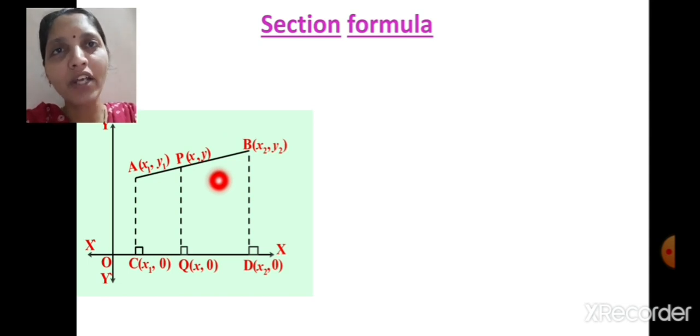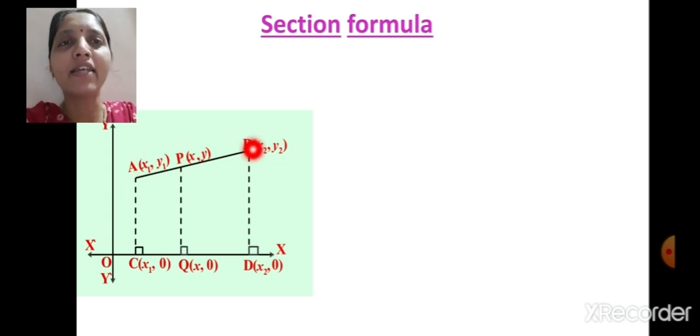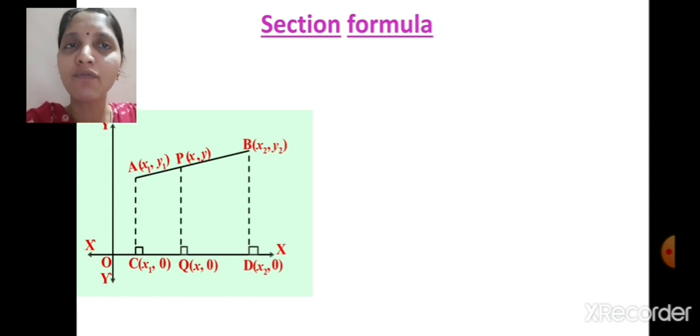What you have to find out here is the coordinates of point P. If you want to find the coordinates of point P or any point which divides the line segment in the given ratio, then you will use the section formula.